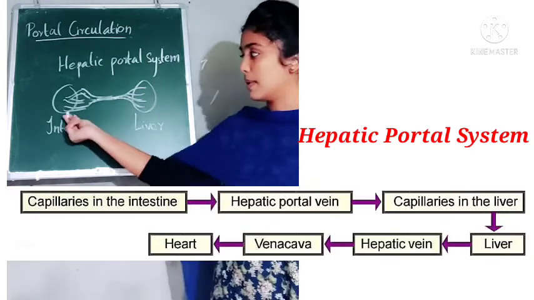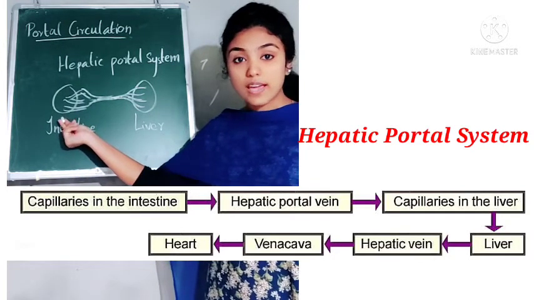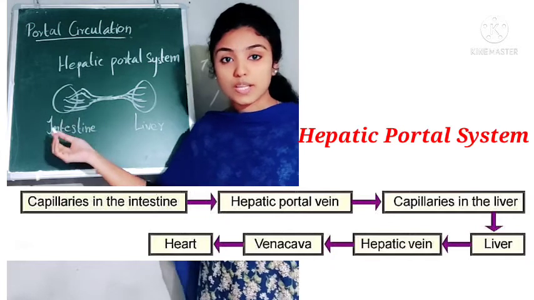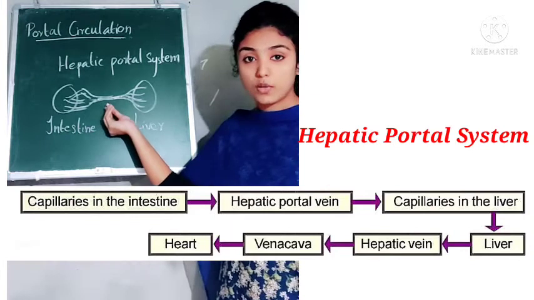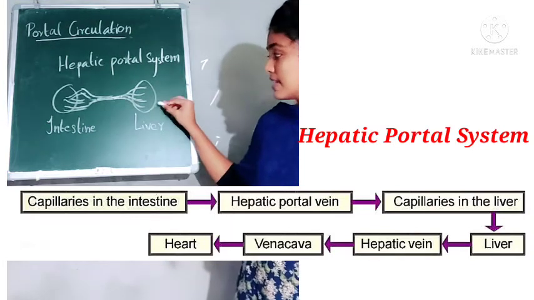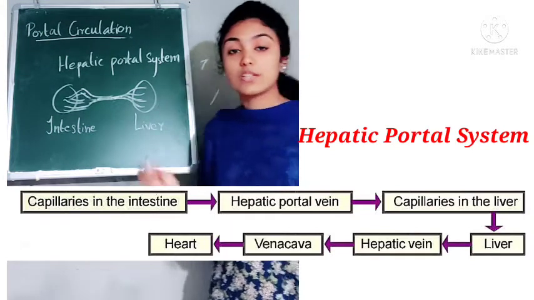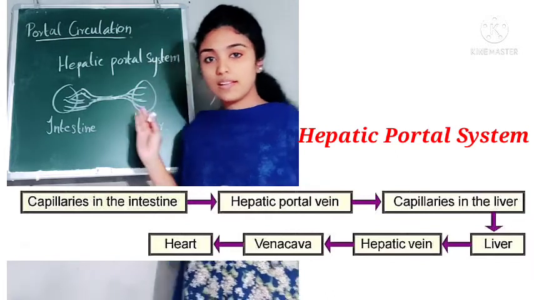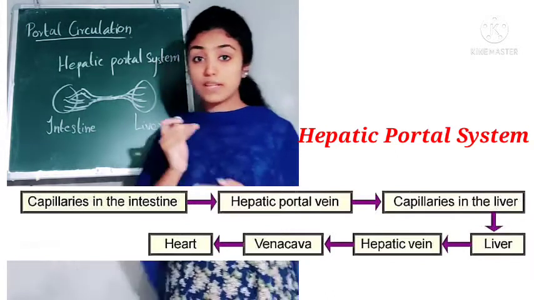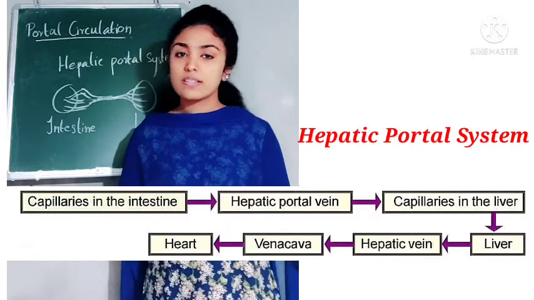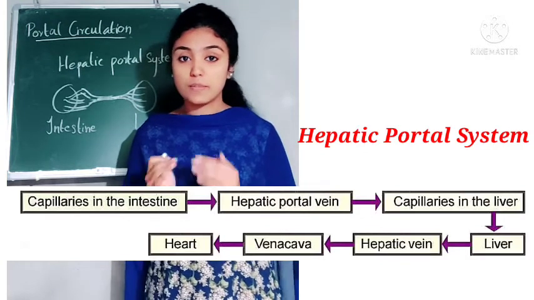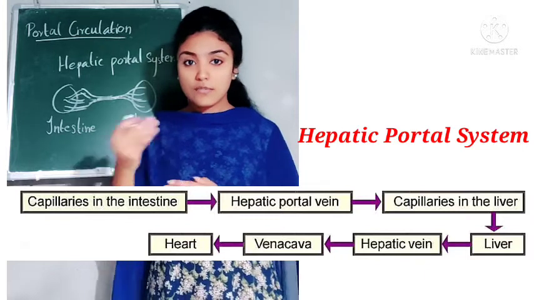So the blood from the intestine along with the nutrients transports through the hepatic portal vein and reaches the liver. So now the nutrients reach the liver. Why are these nutrients reaching the liver? There are some changes happening in the liver that we can discuss after some time.